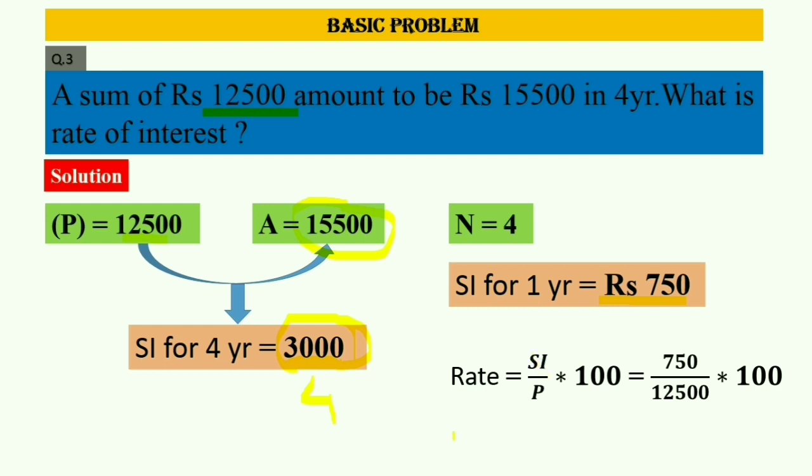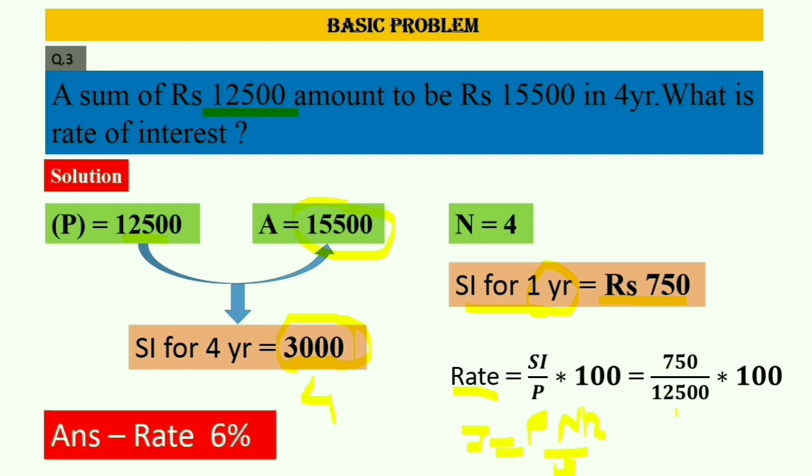Our formula is PNR upon 100, but I have calculated SI for 1 year, so the value of N will be 1. Then the formula for rate is simple interest upon P. After putting in the values, 750 upon 12,500, we get R equals 6%.